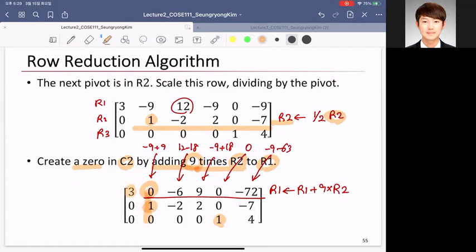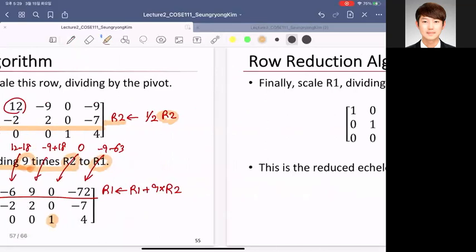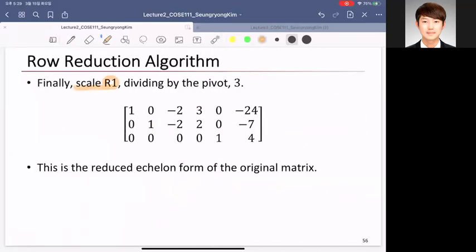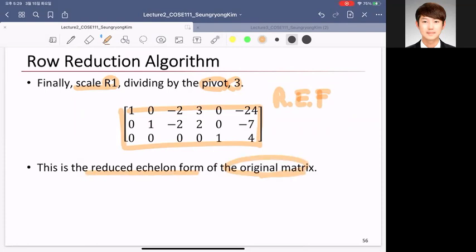So finally, 3 remains. And scaling R1 by dividing by pivot 3, then we can achieve this kind of matrix, right? So this is the REF form. This is the reduced echelon form of the original matrix, right? So here, from the REF form, we can find the solution of your matrix easily.